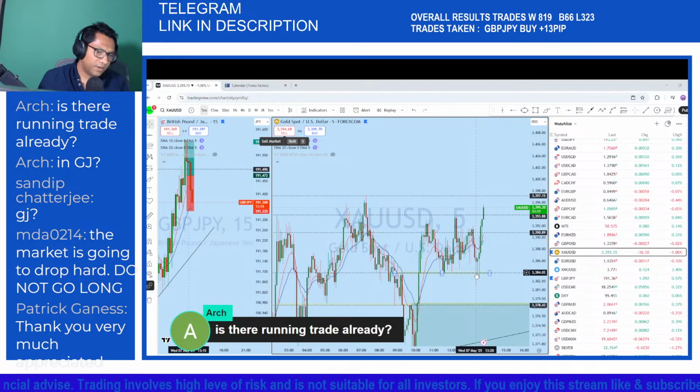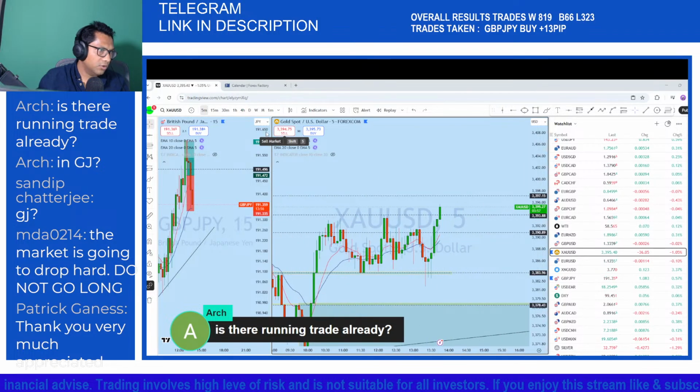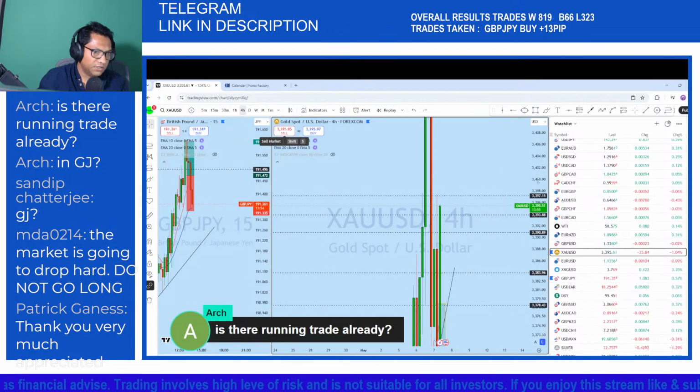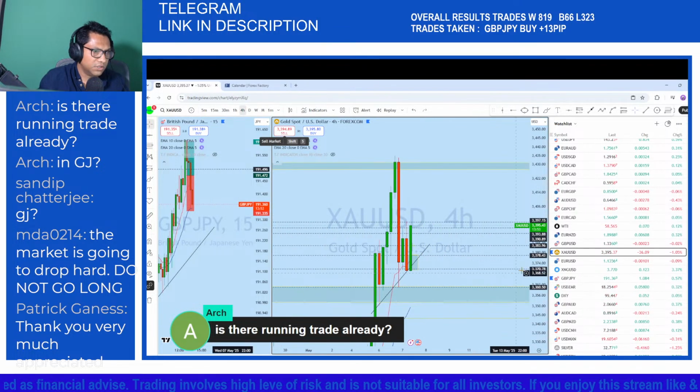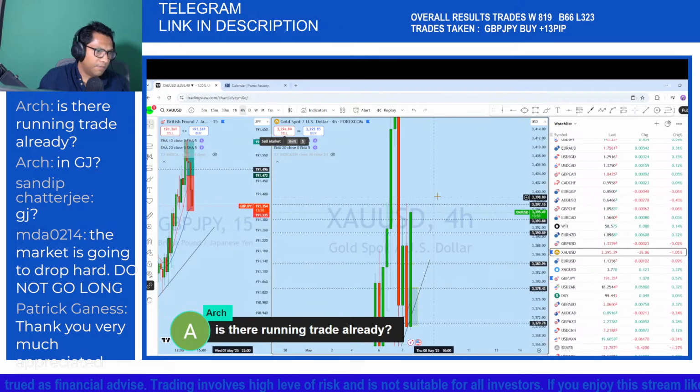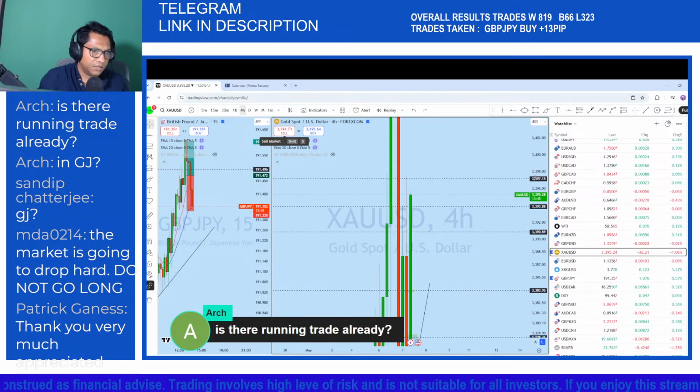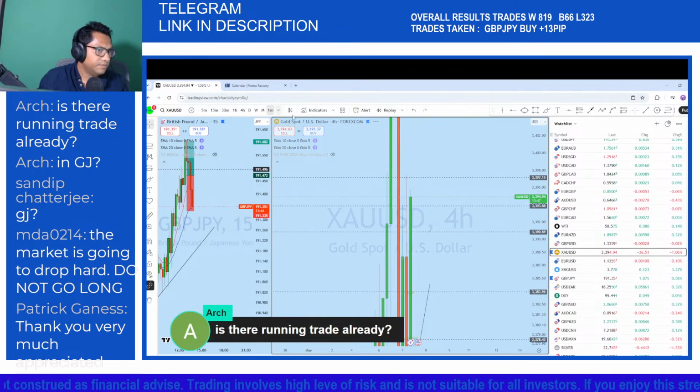And we have the 1 hour candle closing, and also the 4 hour closing in a couple of minutes, and we can see that before the 4 hour close, it starts to revert back to the 3397 level.